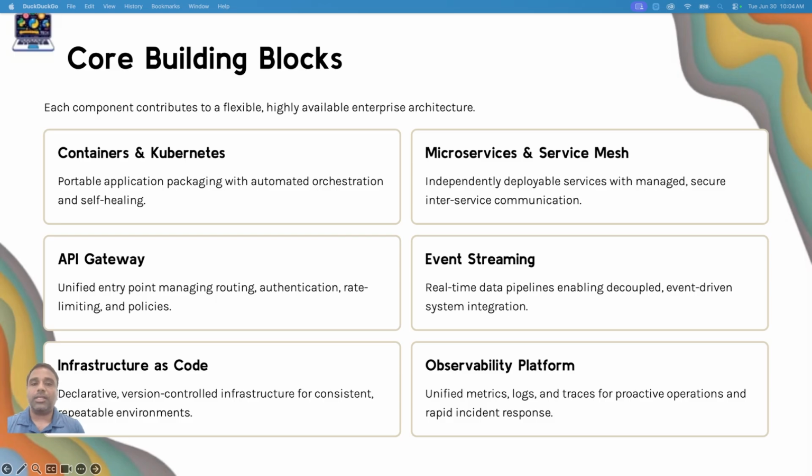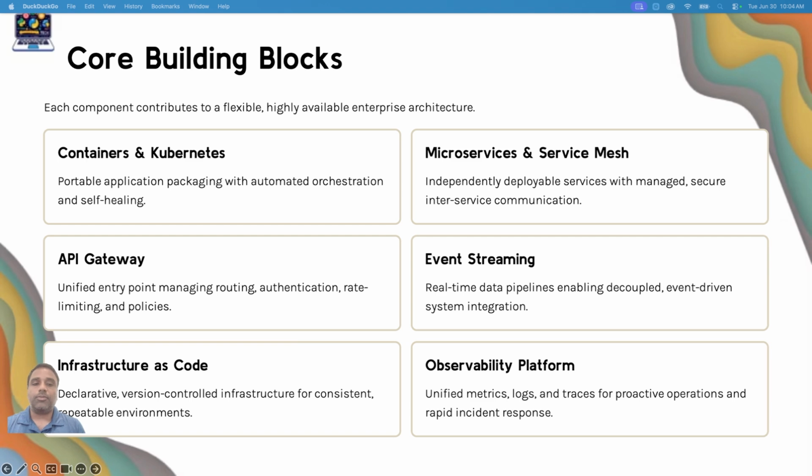The fifth one is infrastructure as code, where you build declarative, version-controlled infrastructure for consistent and repeatable environments. And finally, the observability platform, where you build unified metrics, logs, and traces so that you can proactively measure and improve and enable rapid incident response.